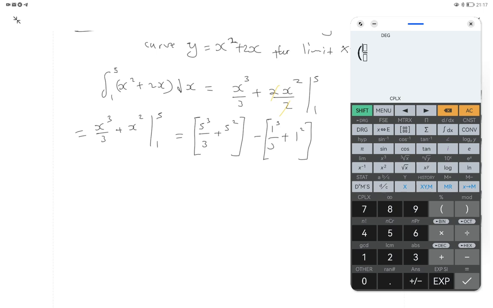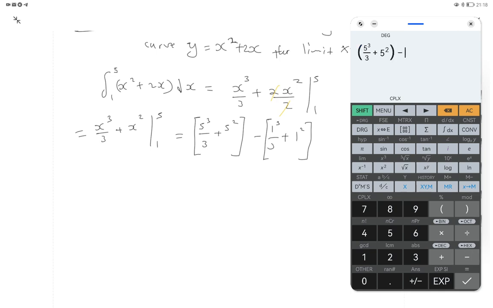In this fraction we have 5, then that 5 is power 3, so 5 power 3 divided by 3, then there is plus 5 squared, close bracket. Then we're done with the first bracket, go to the next bracket.